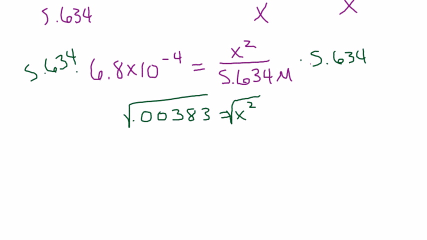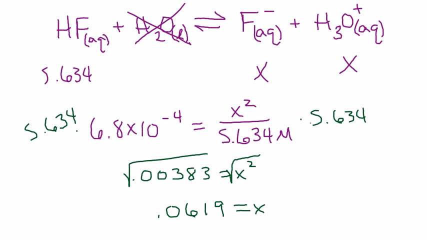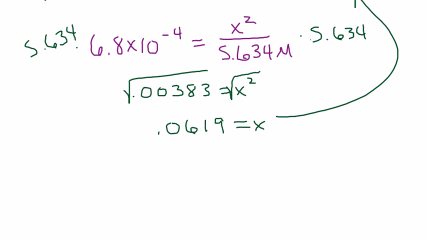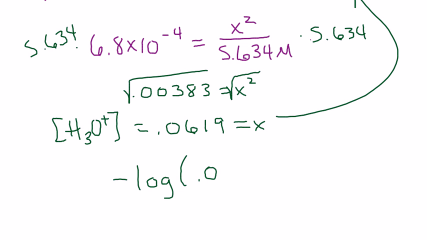And what I get here is 0.0619 equals X. And again, it's pretty important to remember what that X means. That's the concentration of the hydronium ion. To finish this one off, we'll take minus the log of the concentration of the hydronium ion, minus the log of 0.0619. And when we do that, that'll give us our pH.